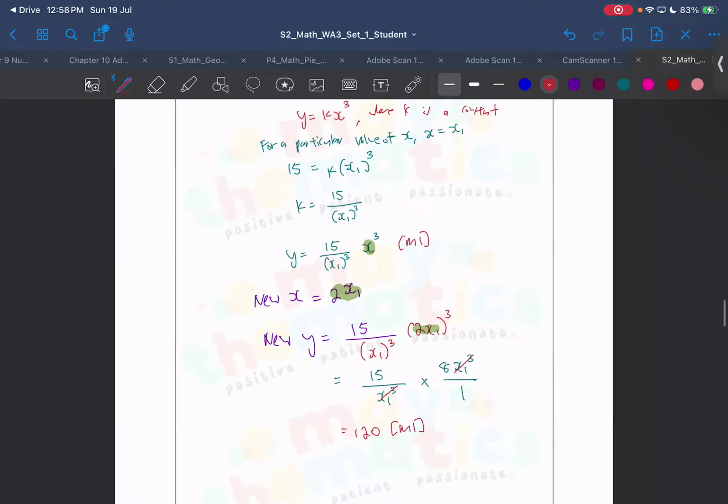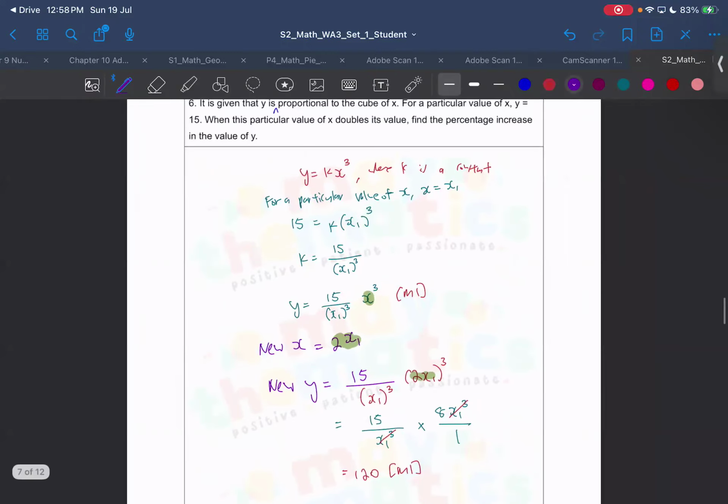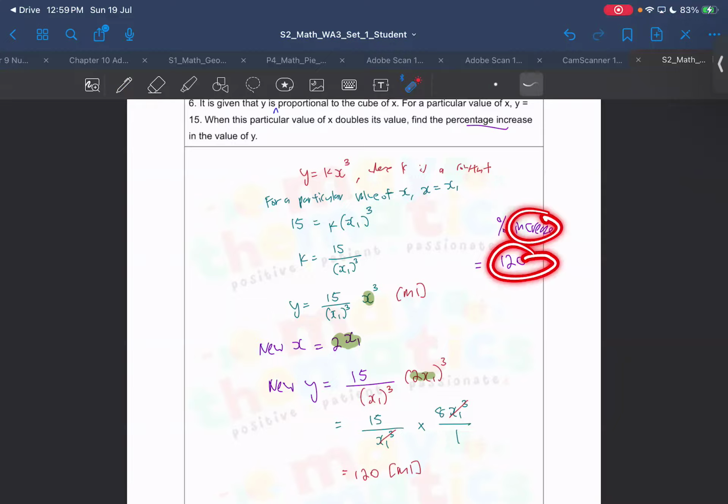I can find my percentage increase. Chinmei, how to find percentage increase? This is my new value. How to find the increase? New over new? Nope, over old. Yes, but they want the increase, so it will be new minus old.